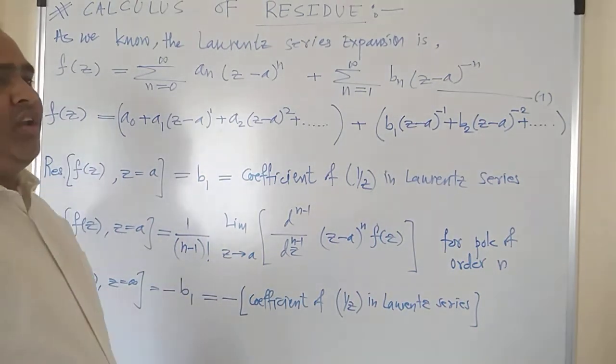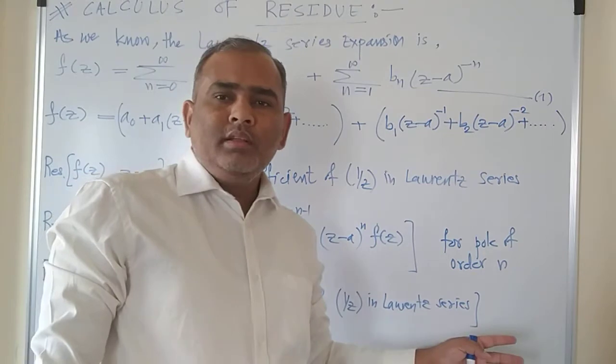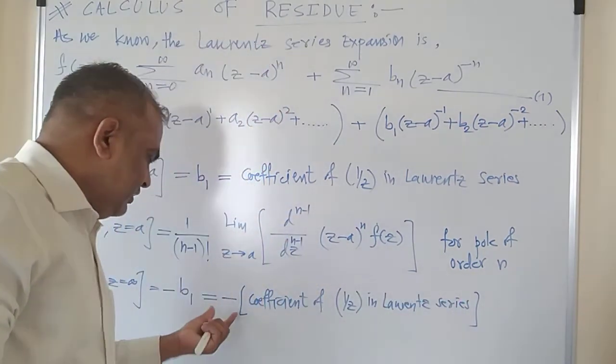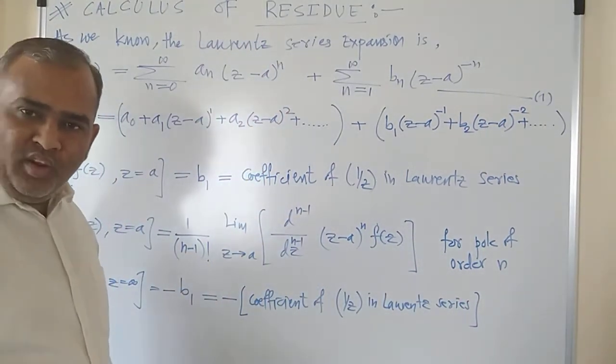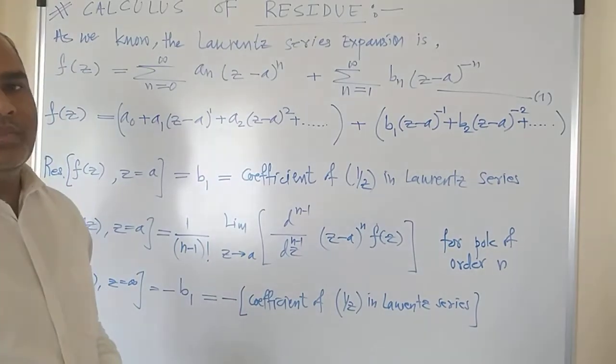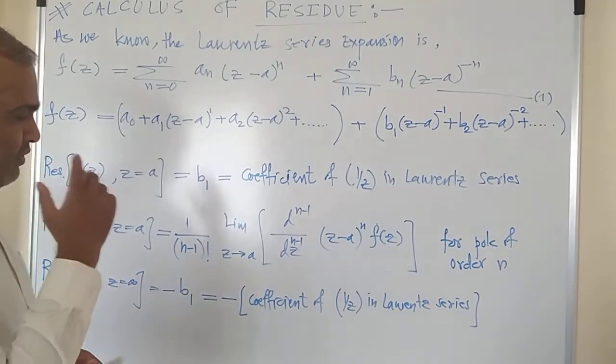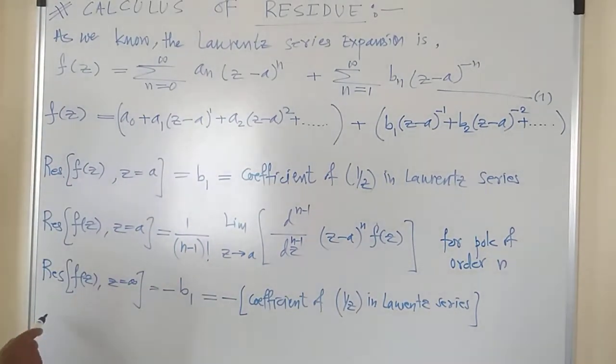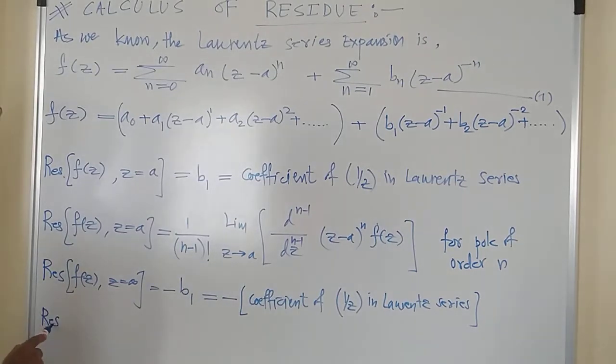Again, if the Laurent series is expandable, then and only then you can use this formula. If the Laurent series is not expandable, then how to calculate this? We have one more formula to calculate the residue of the function at infinity for a pole of order n.